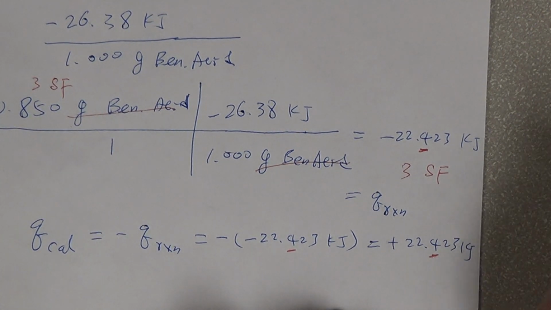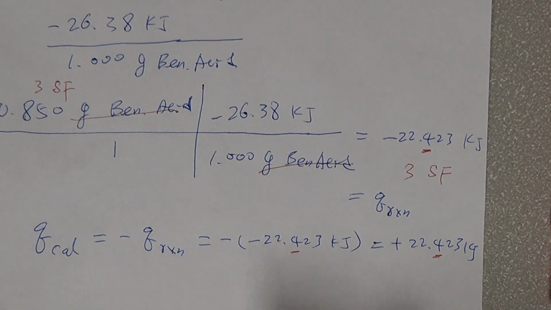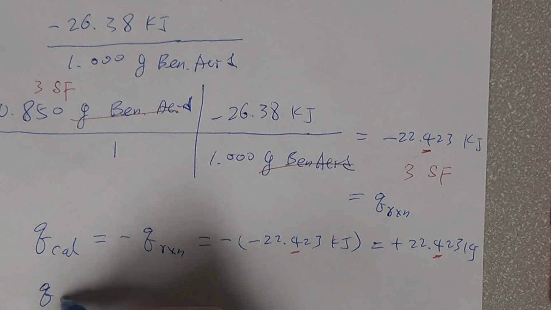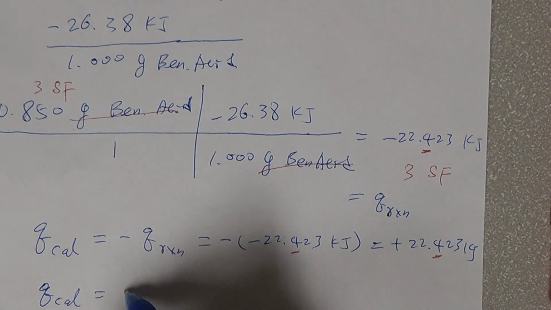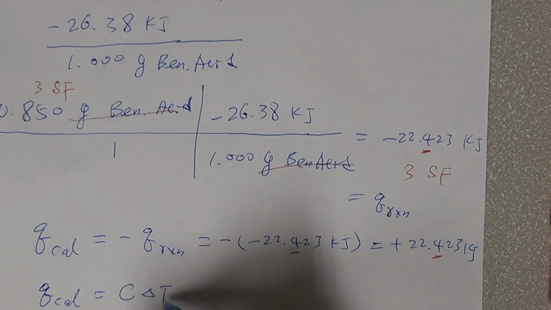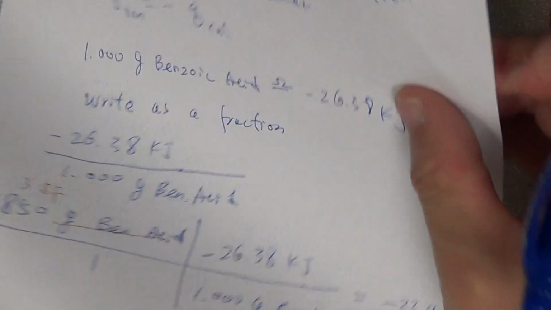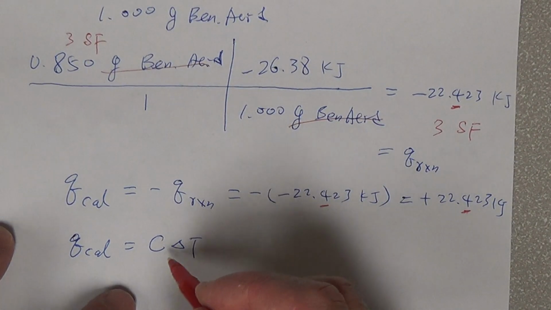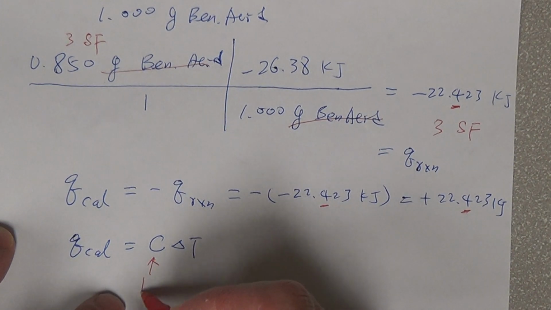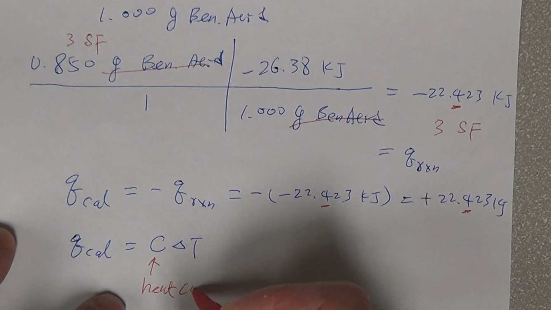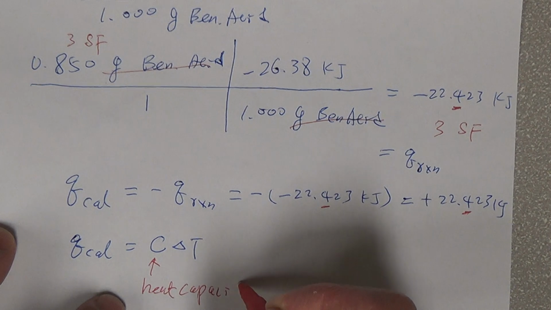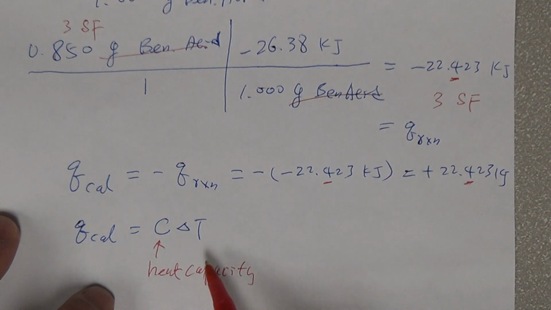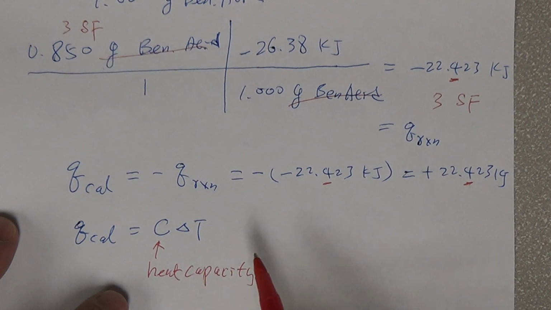Now we know there's another equation for the calorimeter: Q calorimeter equals C times delta T. What is C? C is the so-called heat capacity. That is the one you want to find out. This is simply the heat capacity, not the specific heat capacity.